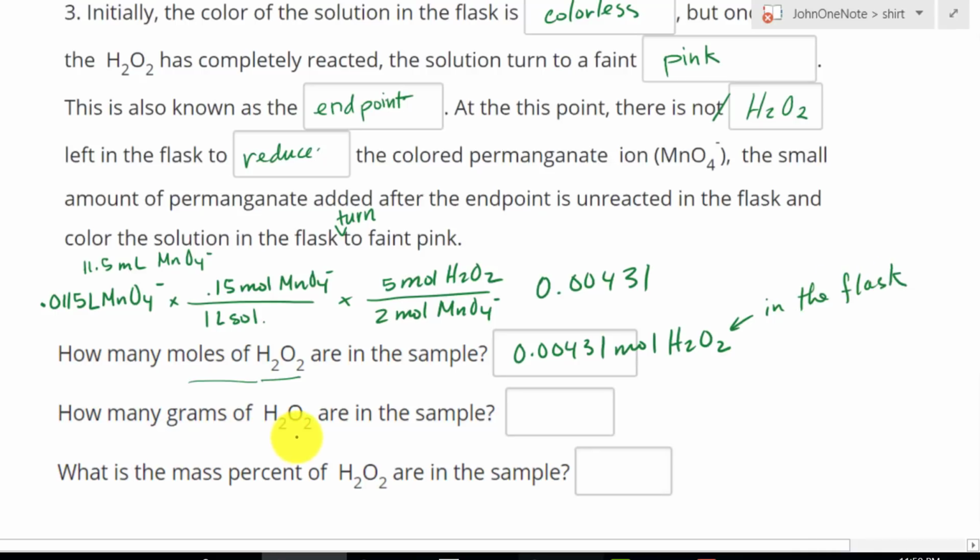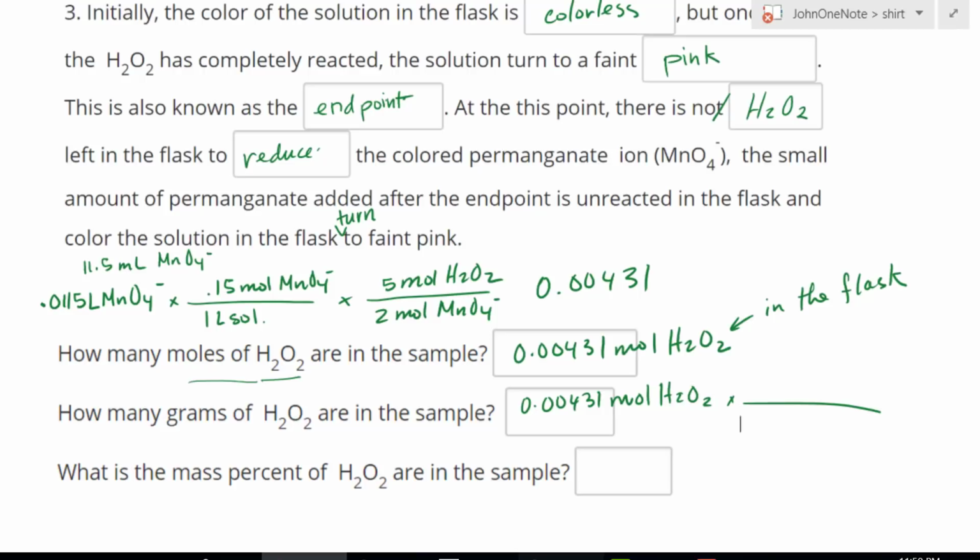Now, how many grams of H2O2 are in the sample? Well, that's pretty easy. You take this mole amount and convert it to mass by multiplying by the molar mass. So we have 0.00431 mole of H2O2. What is the molar mass of hydrogen peroxide? Well, look it up or just use your periodic table.